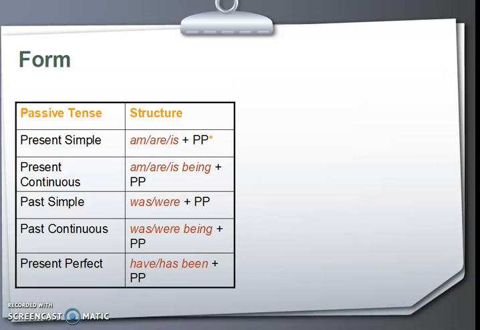So for the present simple tense, we use am, is, are as be forms, plus past participle. Okay. English is spoken here. Or books are used here, for example, if we use plural.